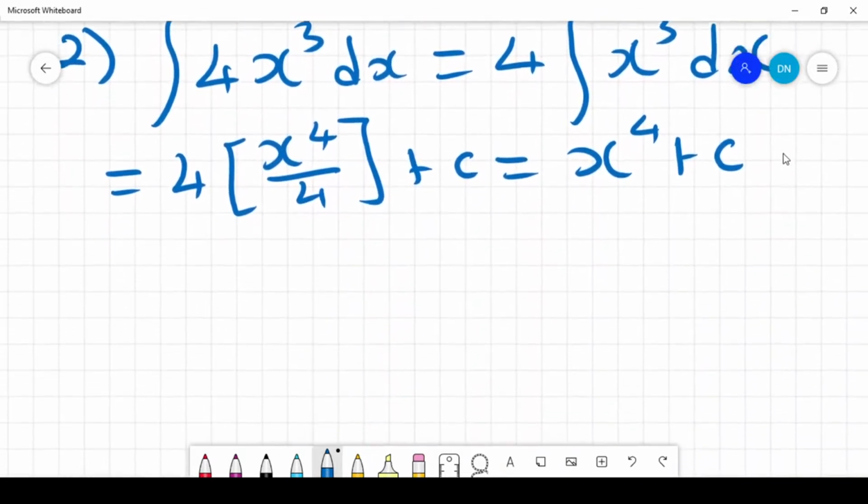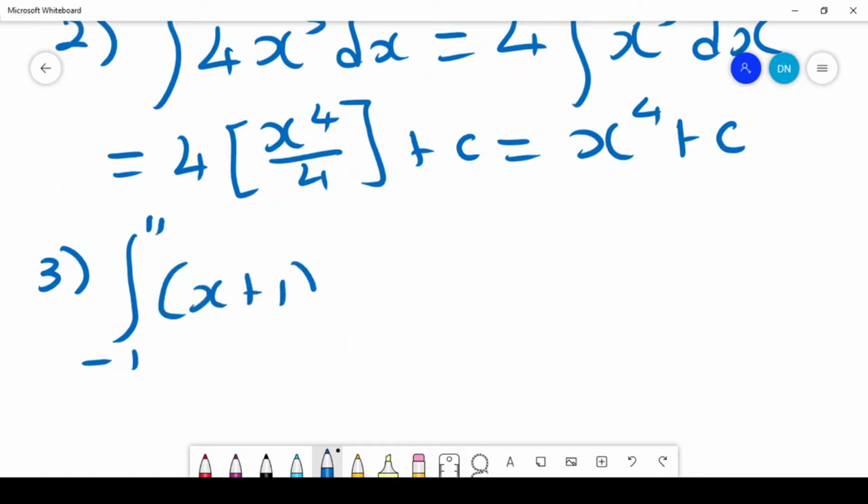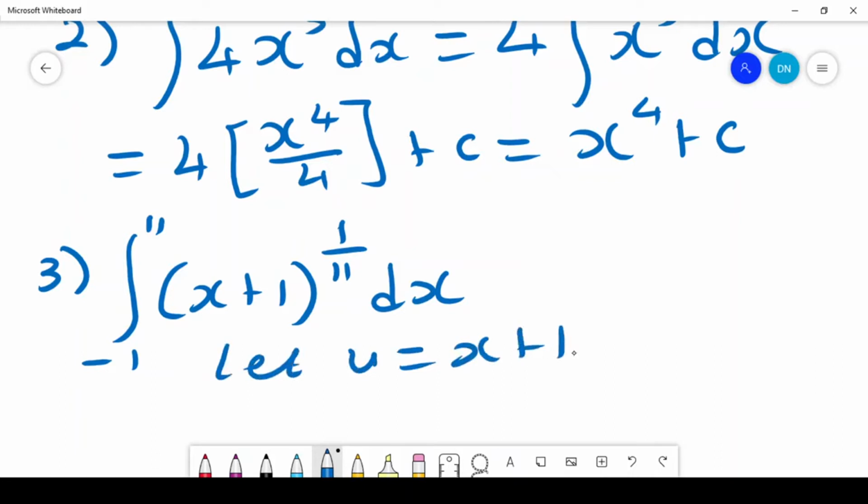The third one is a simple one also. We want to integrate from negative 1 to 11 of (x plus 1) raised to the power 1 over 11 dx. And I want to reduce this by letting u equal x plus 1.